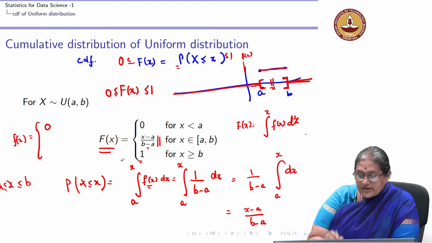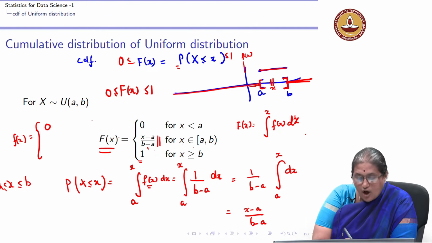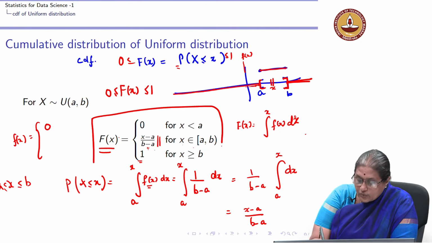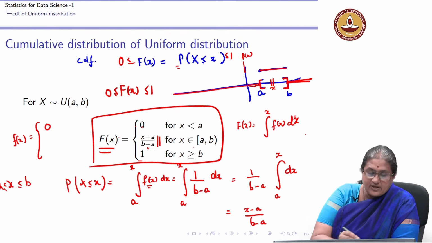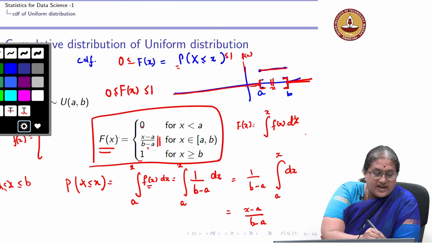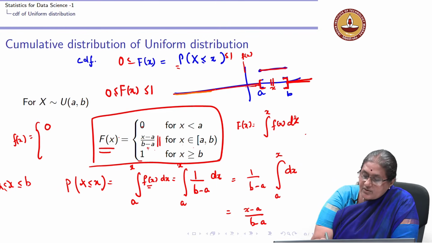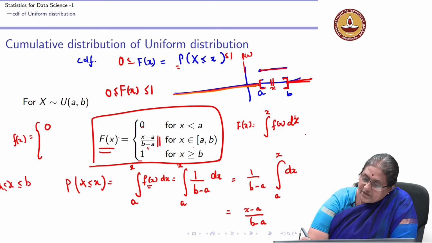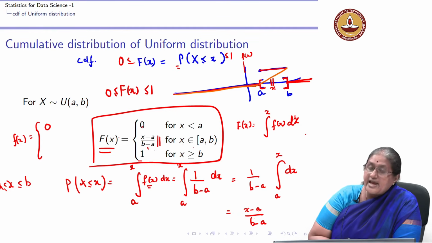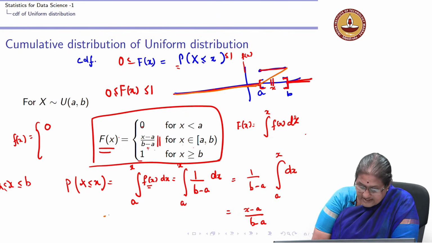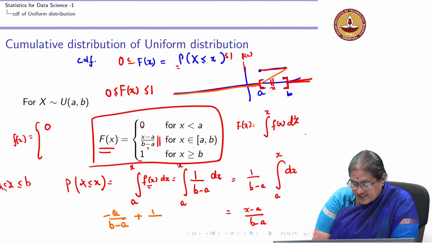Hence, the cumulative distribution function of my uniform distribution is given by the following, which takes the value 0 till it hits a. Between a and b, it would be a straight line because I can write x minus a by b minus a as minus a divided by b minus a plus 1 by b minus a into x.